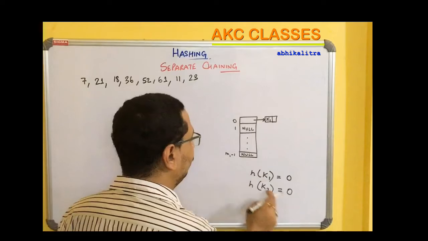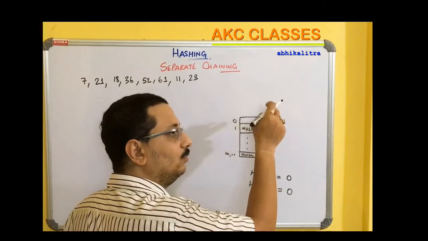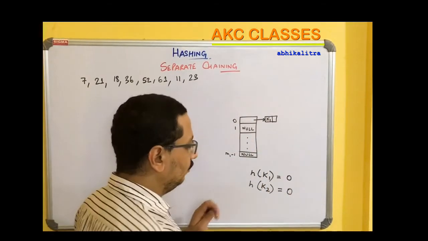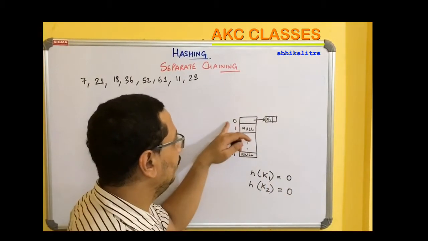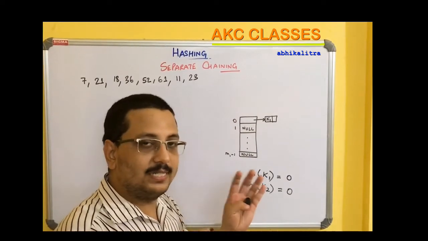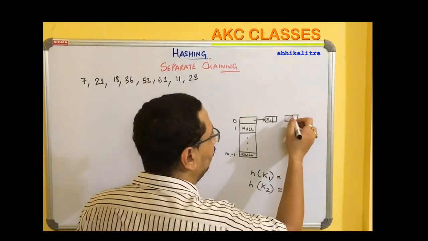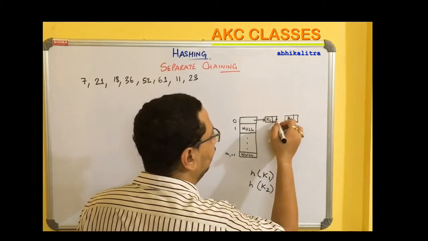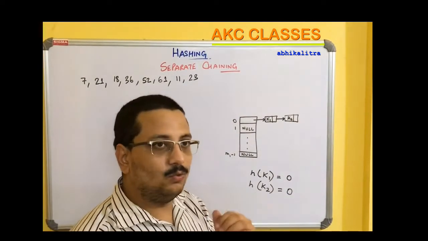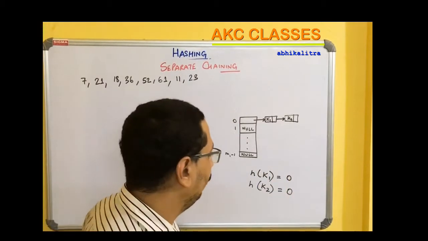If it is 0, we check whether it is null or not. It is not null, which means we already have some nodes present under the hash index 0. So we create a new node, place k2 over there, and the chain continues. It's just inserting a node at the end. There's no new concept.